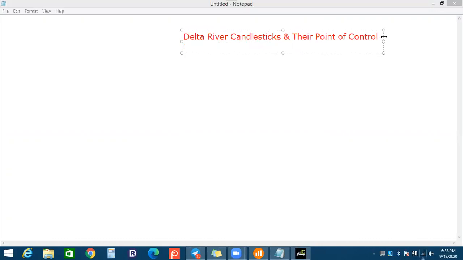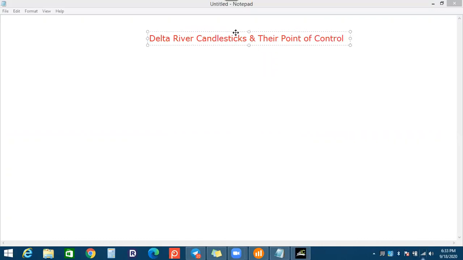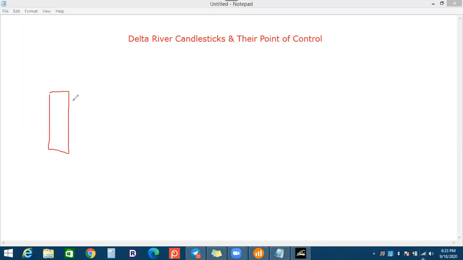So we will talk about the candlestick and the point of control. Everyone knows what a candlestick is, but what is the point of control? The point of control is the volume in the candle. If you see one candle, at the start it has a quantity of 10 in volume, here 20, here 15, here 25, here 35.